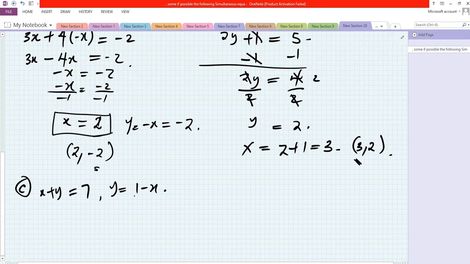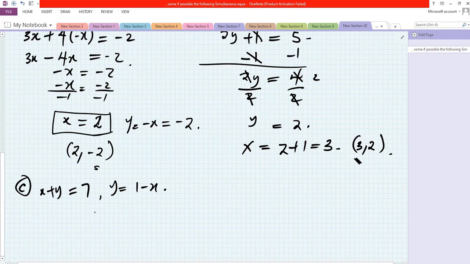So this is equation 1, this is equation 2. Already in equation 2 they have expressed y in terms of x. So anywhere we see y, we'll replace it with 1 minus x in equation 1. So we're also using the substitution method here.